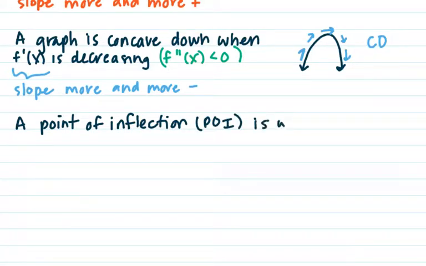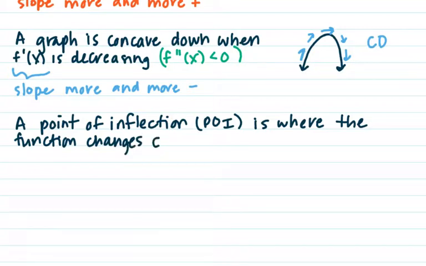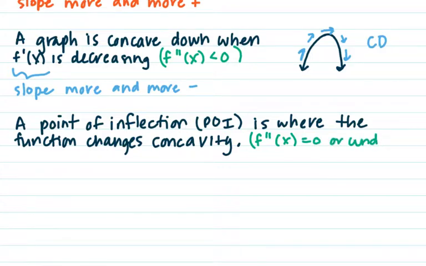And that is where the function changes concavity. Okay? And so this would occur wherever the second derivative is 0 or undefined. So that's a common thing we look for in this unit.